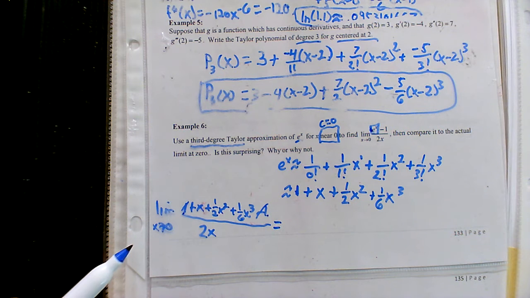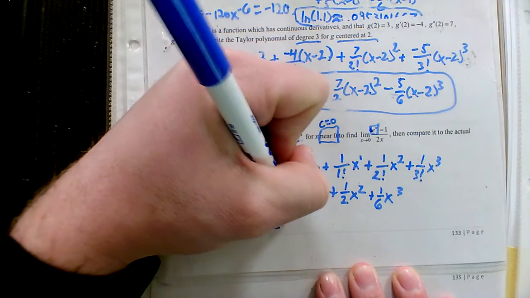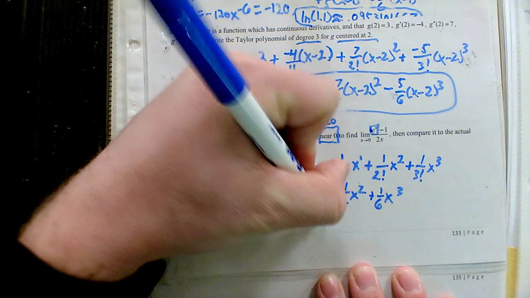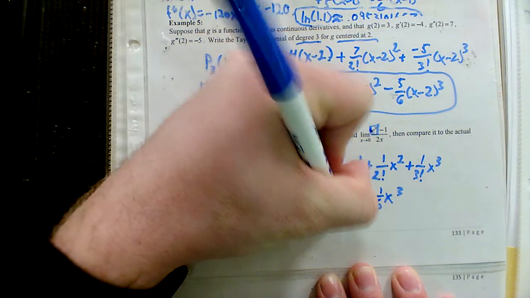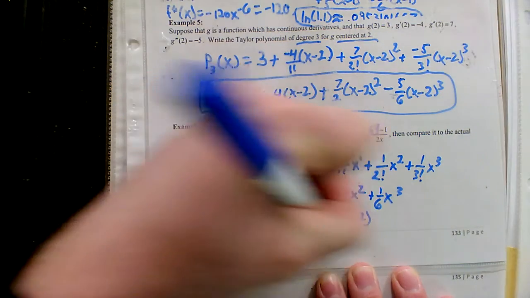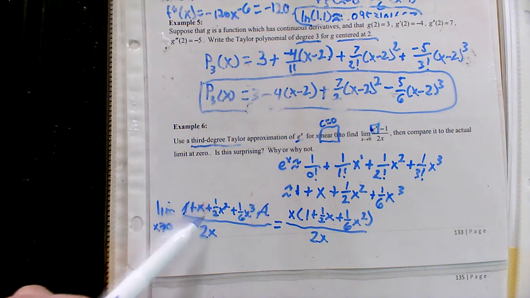After the 1s go away, because they cancel, an x. So I'm going to do the 2 steps in 1s. I cancel those, and I'm going to factor out that x. That way I just save myself some writing. Okay, so canceled the 1s, pulled out an x.